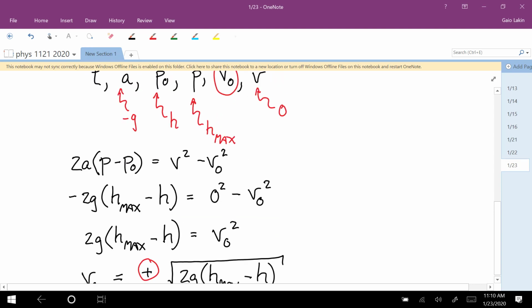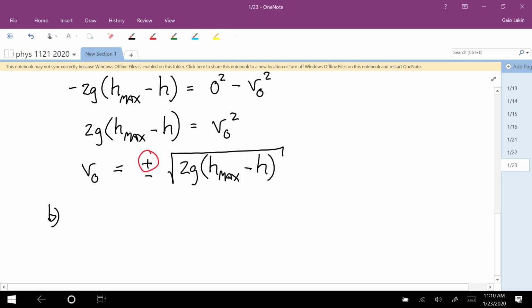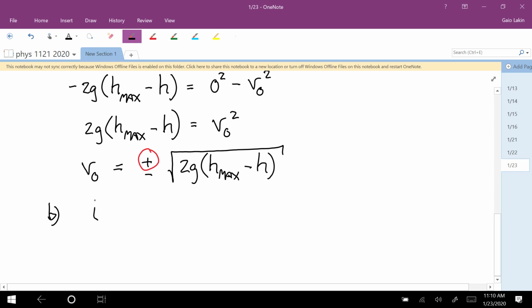by setting, so for part B, write out these variables, t, a, P0, P, V0, and V. And now we need to change the meaning of the time t.